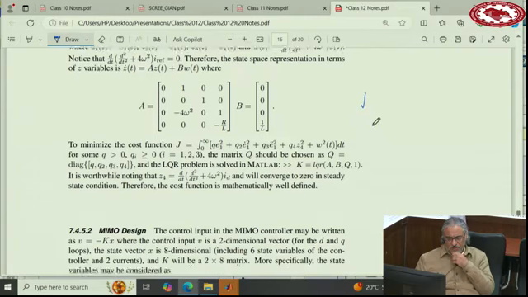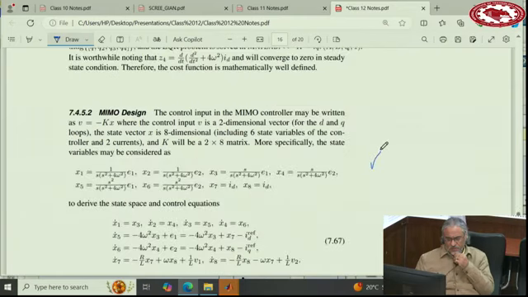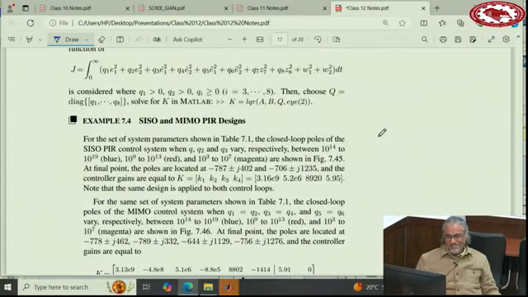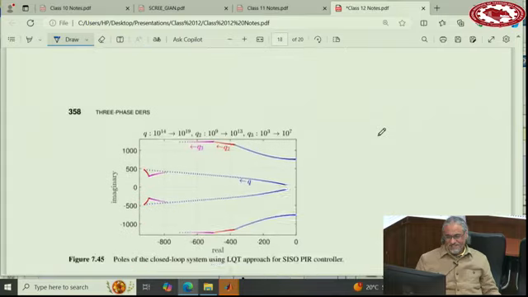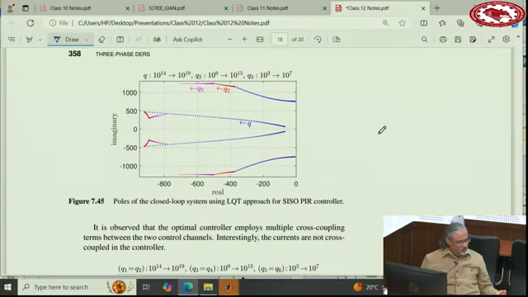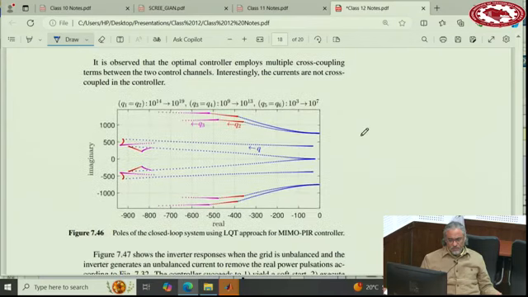So this is CISO for that one, and this is MIMO. And the problem becomes really huge. So these are PIR designs. You have PI and R, resonant at double frequency. So even for CISO now you have 4 poles, and for MIMO you have 8 poles.